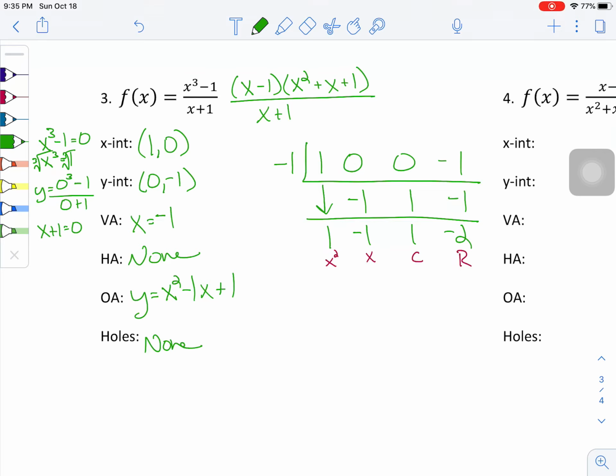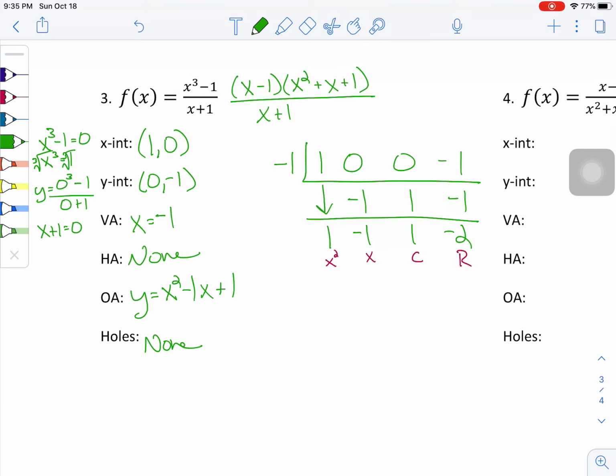Now, I don't know about you, but it's been a while since I have needed to graph x squared minus 1x plus 1. So if you need to grab a graphing calculator for this, I'm actually going to do a quick little table of values just to get some information on where this graph is and figure out the overall picture of it.